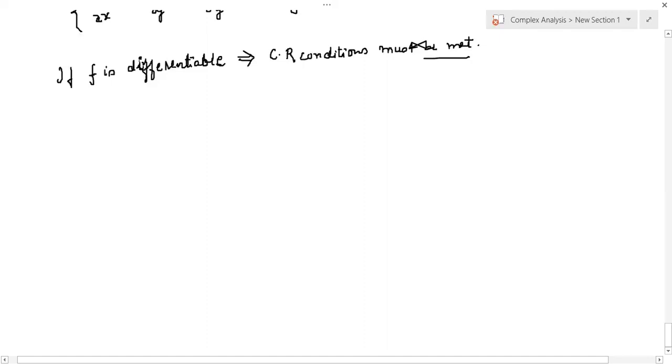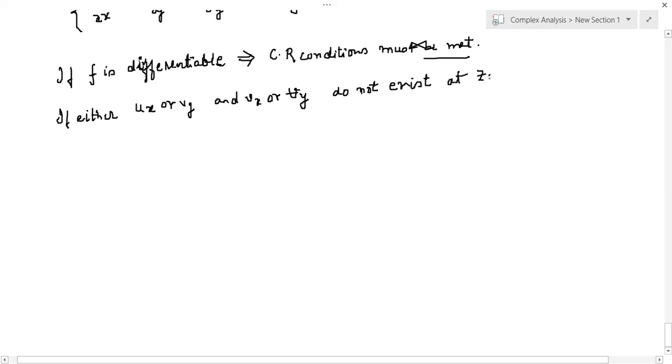Okay. So if either ux or uy and vx or vy do not exist at a point, let's say z naught, then the function is not differentiable at z naught.